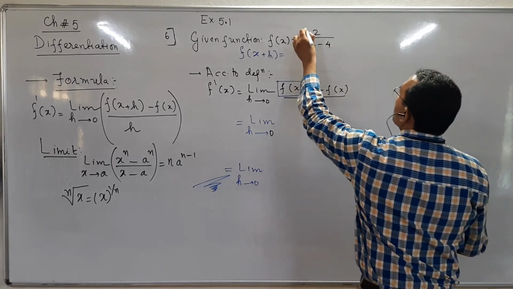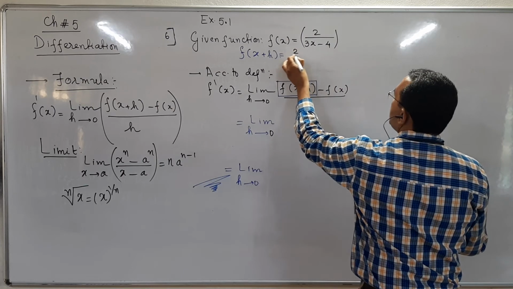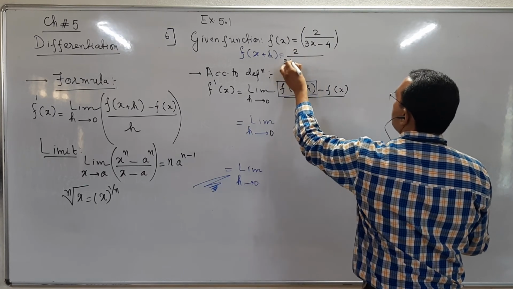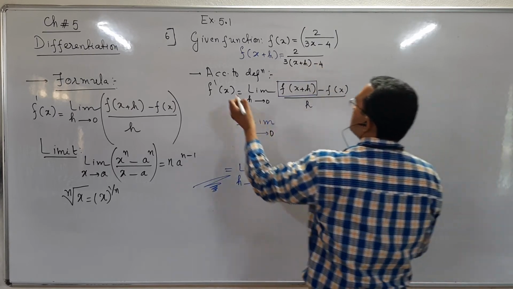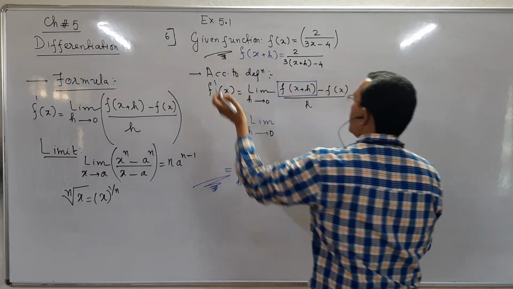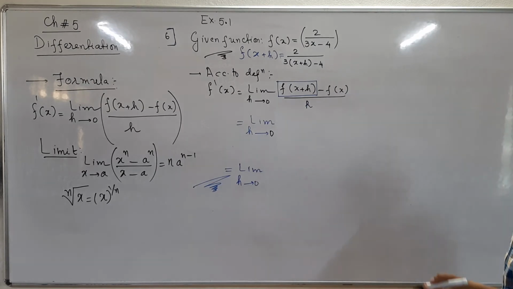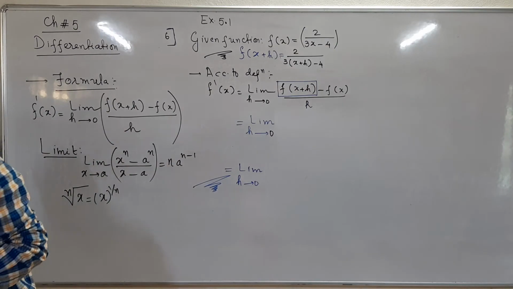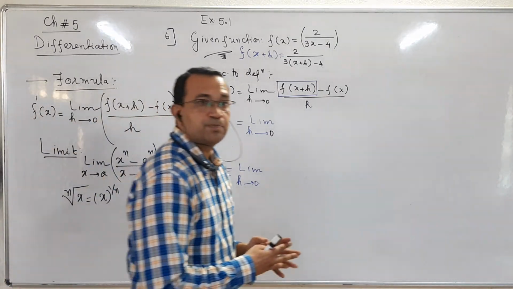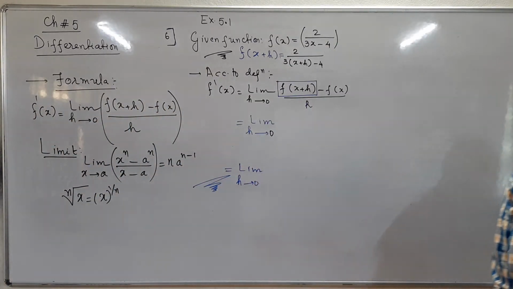So f of x plus h will be 2 upon, this x will be replaced by x plus h, minus 4. Here you observe again very carefully: to write the functional value at x plus h, students, replace every x by x plus h.